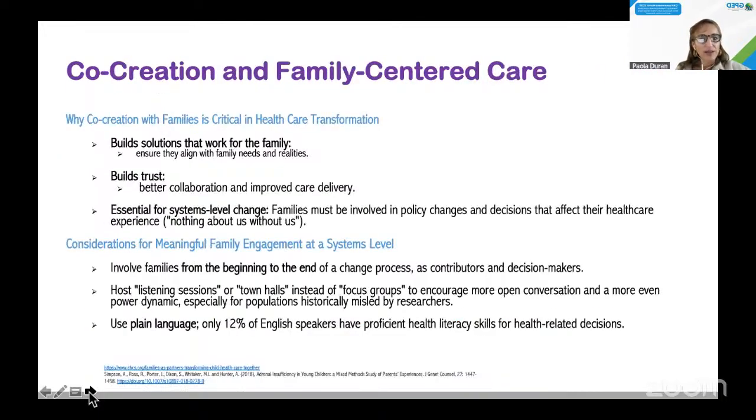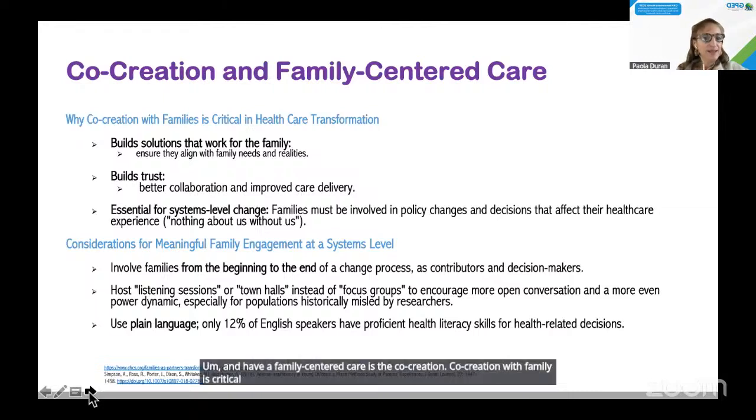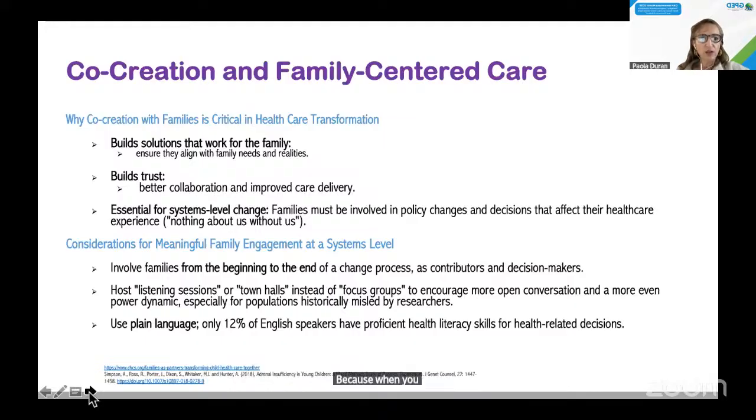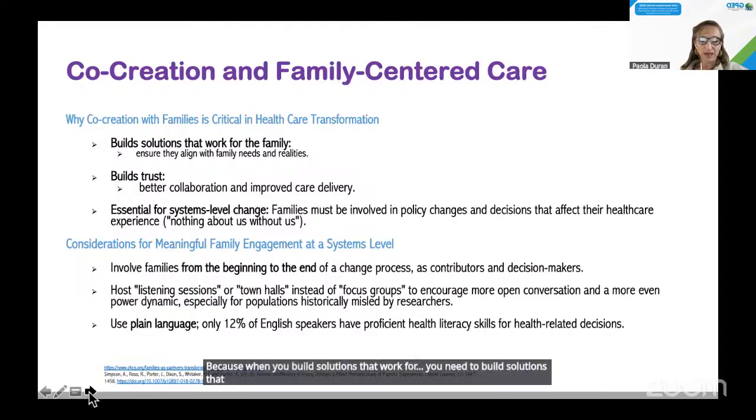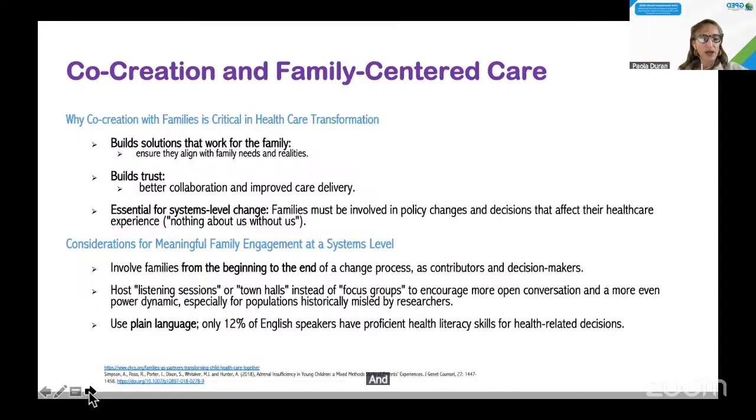Another very important point about support groups and family-centered care is co-creation. Co-creation with family is critical, and it can transform healthcare. When you build solutions, you need to build solutions that work for the family, and co-creating with the family ensures that they align with the family's needs and realities.